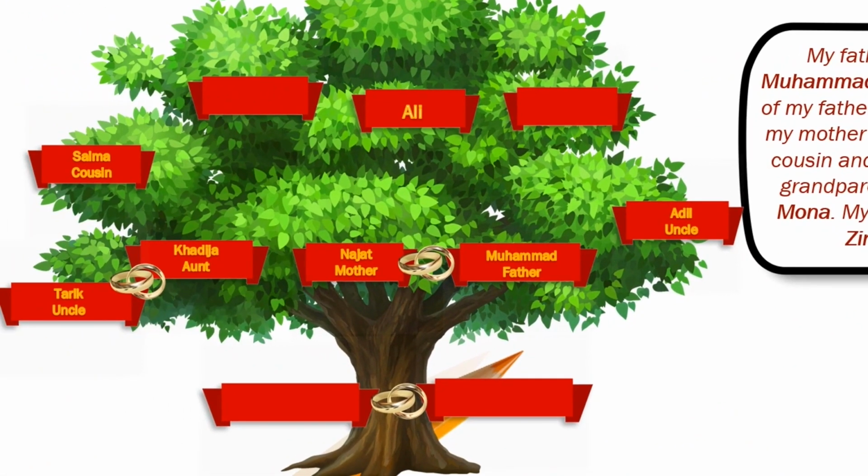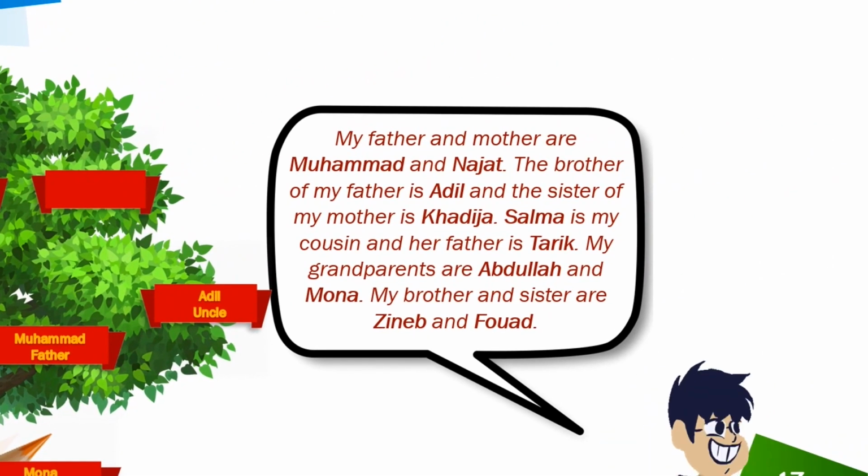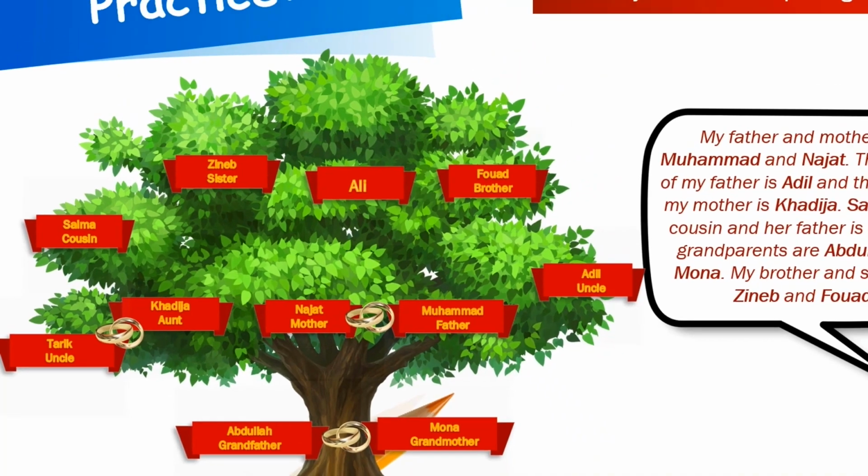As we said earlier, grandparents should come next to the roots of the tree. So we will write Abdullah, grandfather, and Mona, grandmother. My brother and sister are Zineb and Fuad. So we write Zineb, sister, and Fuad, brother, and they are both next to the speaker's name, Ali.